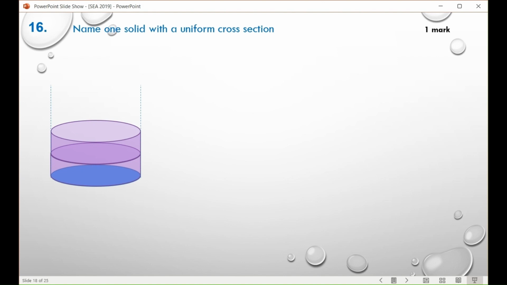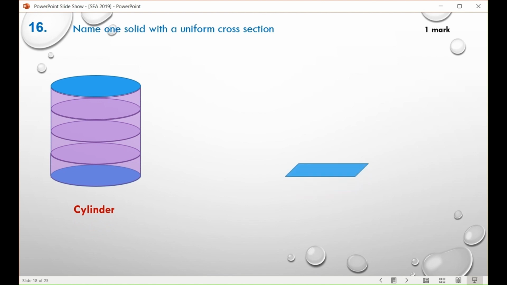That means it's uniform cross-section. So that cross-section, that piece, if we cut it across, we're going to see the uniform or the same circle. So that means that what shape is this that has a uniform cross-section? That is a cylinder.